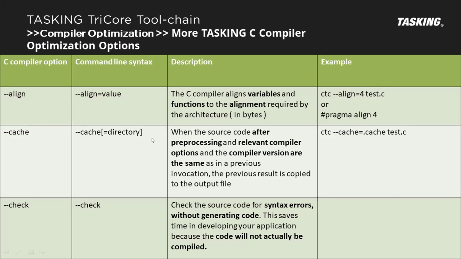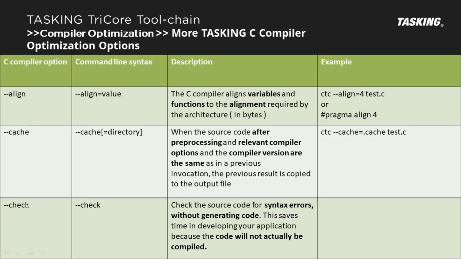If the compiler takes too much time to compile your source code, please consider this compiler option to accelerate the compilation a bit, because it will use a previous compilation output as long as you are using the same compiler version and the same compiler options. And this is how you invoke it from the command line. You simply specify this directory for dash dash cache, and that's it.